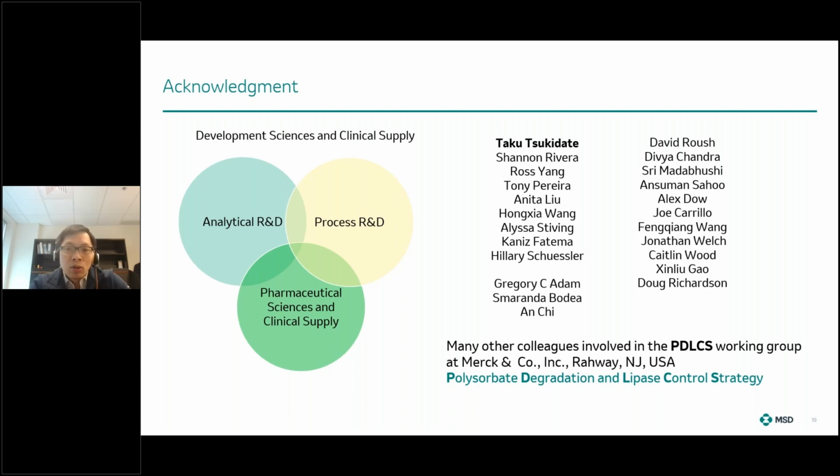We also want to thank the mass spec team within Merck, and the polysorbate degradation and lipase control strategy working group at Merck. We have been working on these industry challenges for over 10 years to drive innovation in this field and make sure we develop high quality pharmaceuticals for the patients we serve.